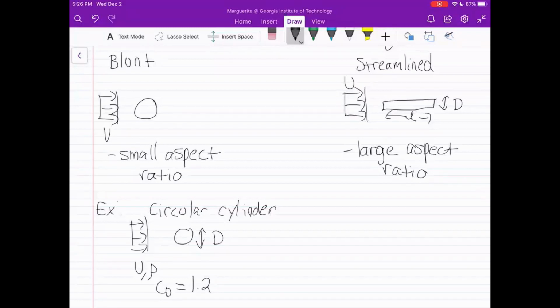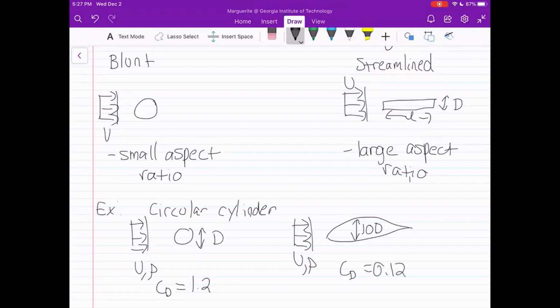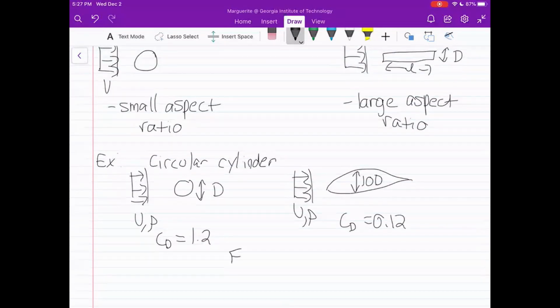And if we have an airfoil that has this dimension of 10d, so it's 10 times bigger than this circular cylinder, in the same flow, so same velocity, same density, this has a drag coefficient of 0.12. Both of these end up having the same amount of drag.